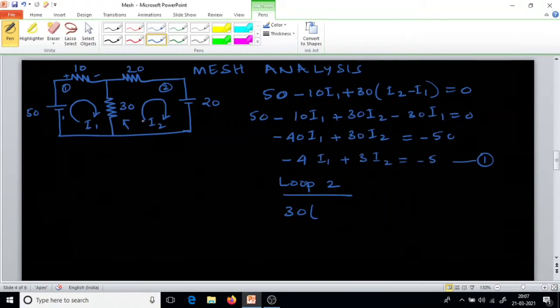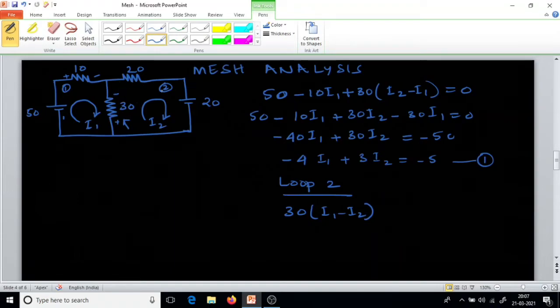Current is flowing like this, so I2 is creating a potential drop here, but I1 is creating a potential rise. So we'll write it as I1 minus I2, and close the bracket.